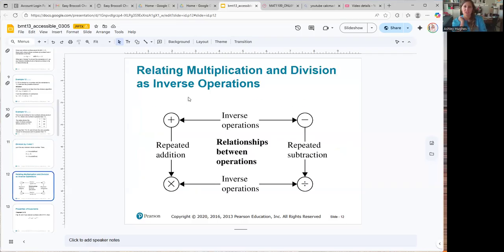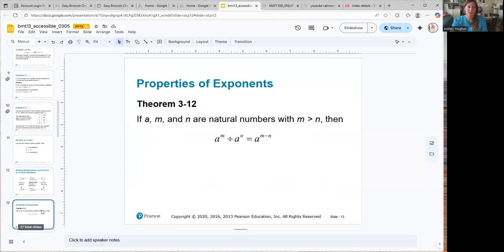Next, multiplication, division, and inverse operations. So just the idea that inverse operations are addition and subtraction, and also multiplication and division. If A and n are natural numbers, then, okay, so this is more exponent rules. We talked about those with multiplication as well. I like to write it like this.